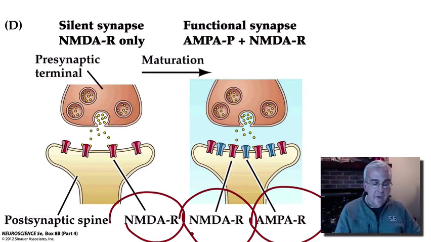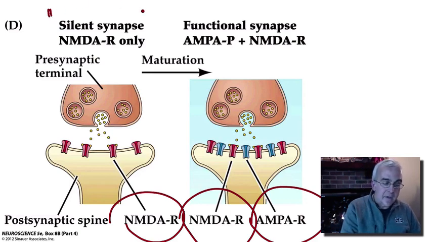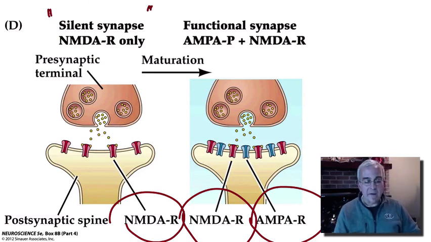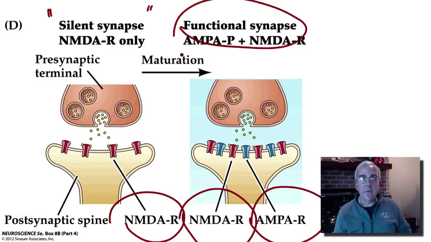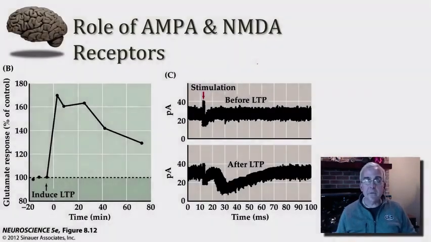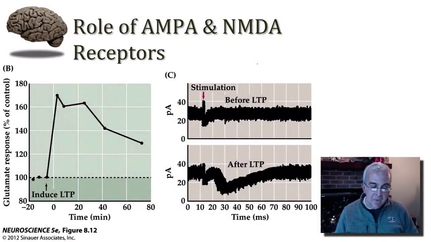And so now a silent synapse has been awakened into a functional synapse, which involves both the presence of NMDA receptors and now a complement of AMPA receptors sufficient to mediate the effect of synaptic glutamate, even without significant depolarization of the postsynaptic process.